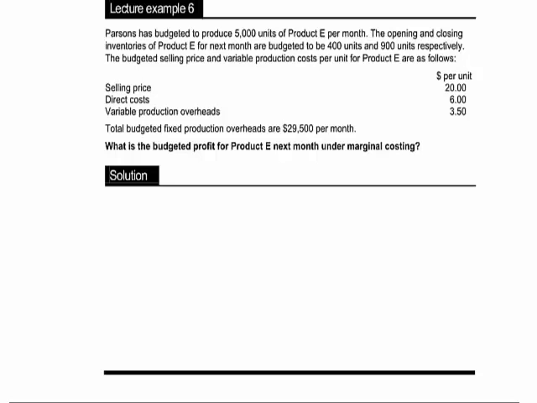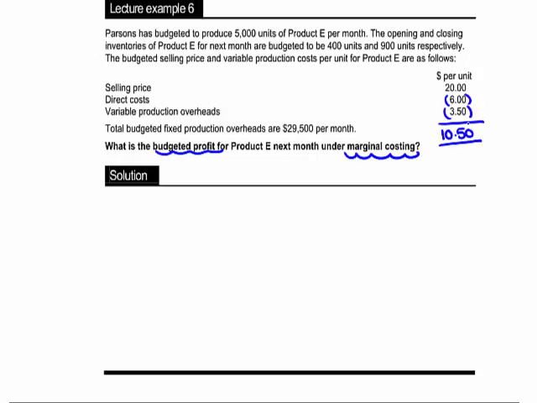So what we want to do then is to work out what our budgeted profit will be for next month using marginal costing. So we need to start off by working out the contribution per unit. So the sales price less the variable costs will give us our contribution per unit. So my contribution per unit is $10.50.